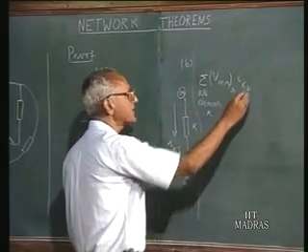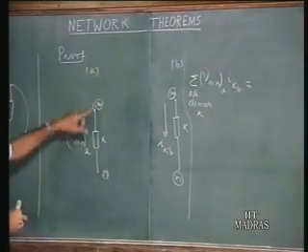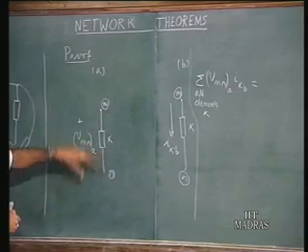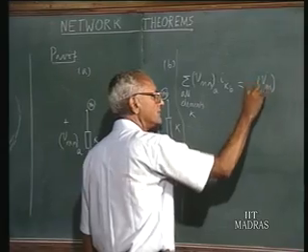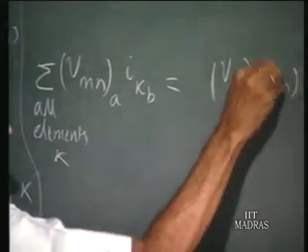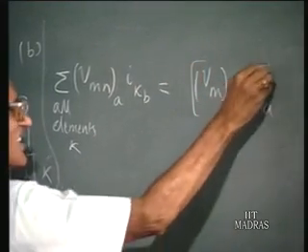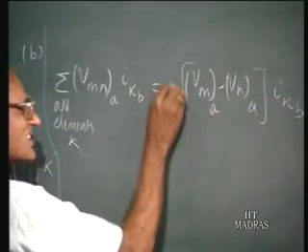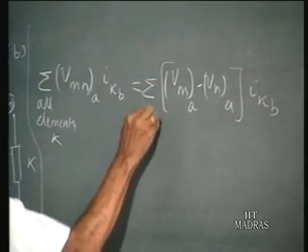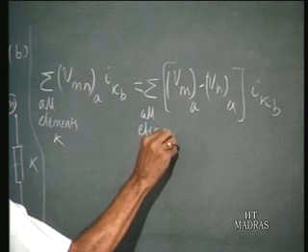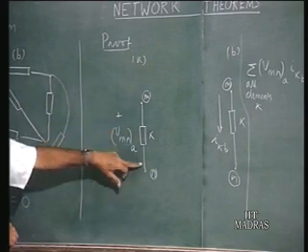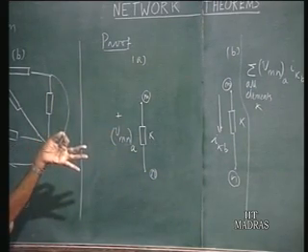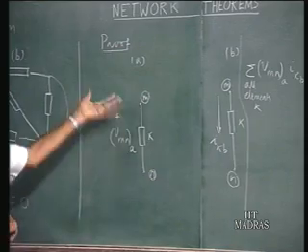Now we can write this as, after all, the voltage between nodes m and n can be written as Vm A minus Vn A in the A network, multiplied by Ikb, summation over all elements k. This is the voltage across the kth element, Vmn, the drop from m to n. I am writing the node voltage of m minus the node voltage of n with reference to some datum node in this network.